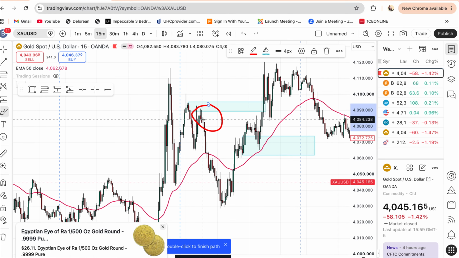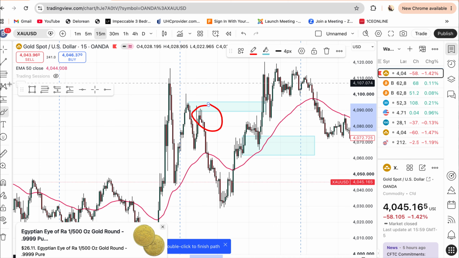Right here, you see these rejection candles after we had the nice aggressive move. You see the price pull back into that zone, the supply zone, and then we see the rejection candles. The rejection candle is going to be your entry on the 15-minute. So after you get that, you would have entered.